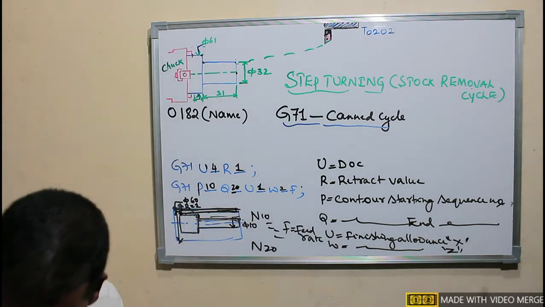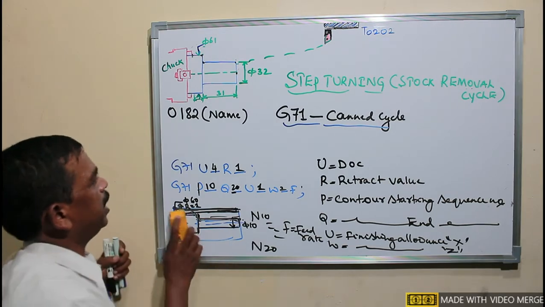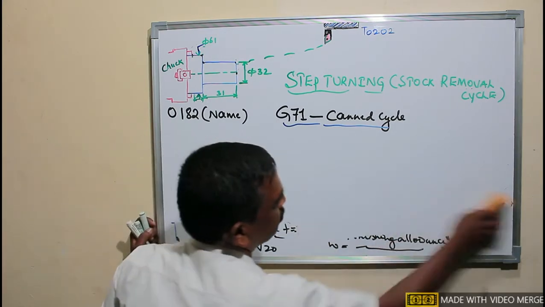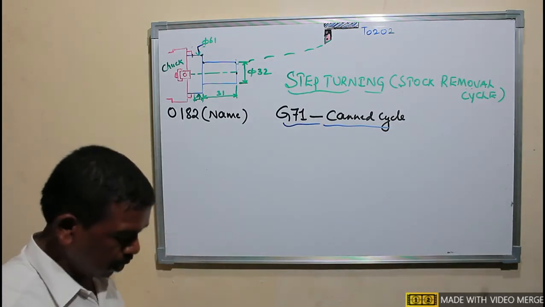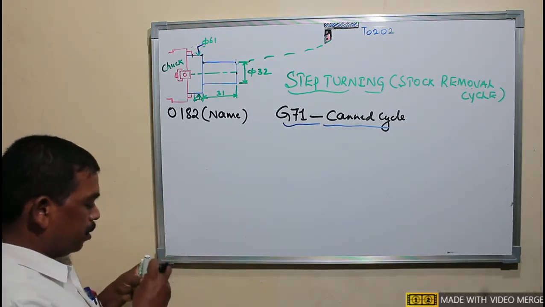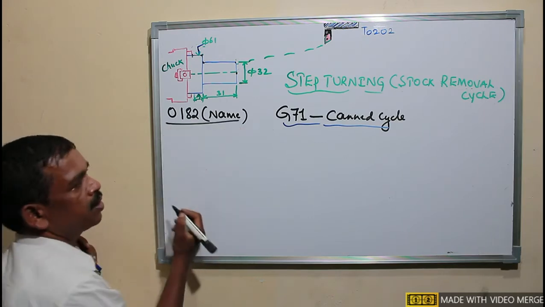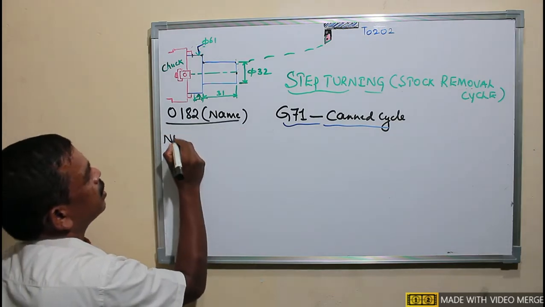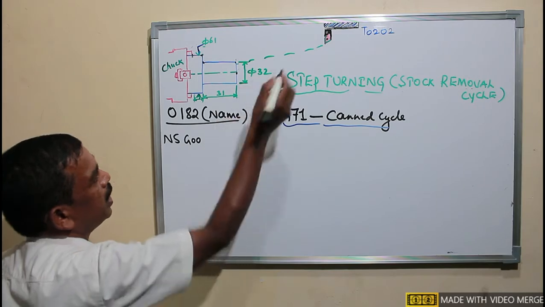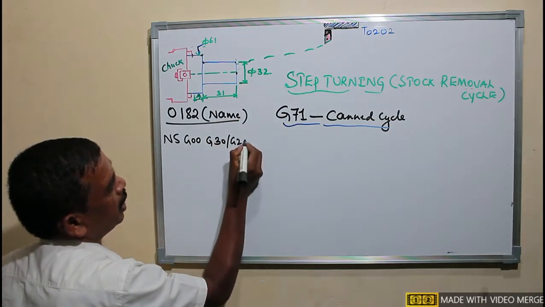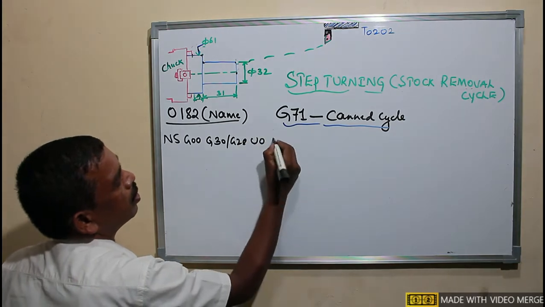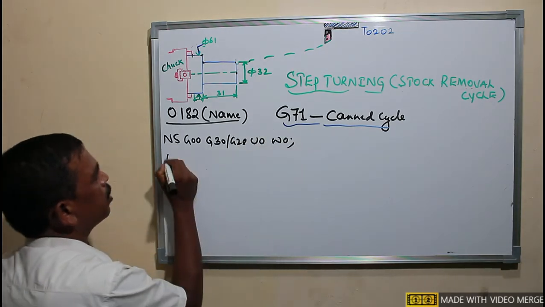Now I will write the program for this stock removal. The name of the program is this one. This is for sending the tool to its home position, this may be G30 or G28, U0, W0, end of block.